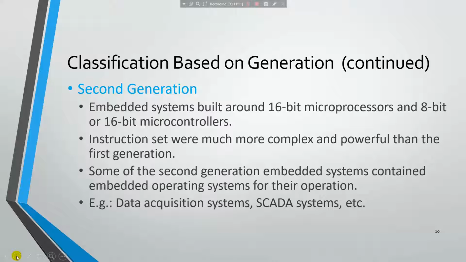Here the instructions were a little more complex and powerful, but it was still possible to understand how they executed. Some second generation embedded systems contain embedded operating systems for their operation. You have heard of SCADA. SCADA is one of the operating systems used in embedded systems for data acquisition systems. These are the applications of second generation embedded systems.